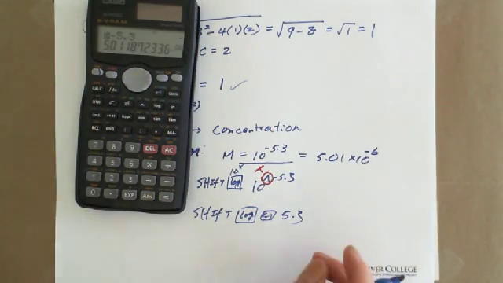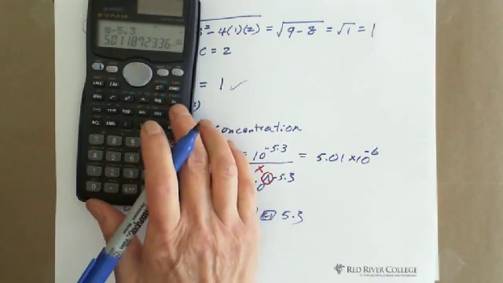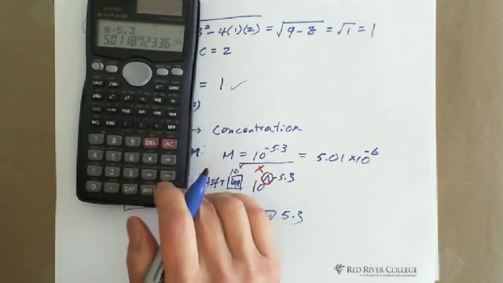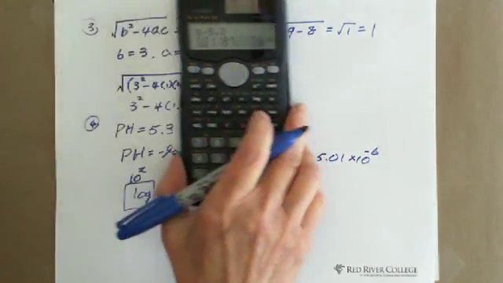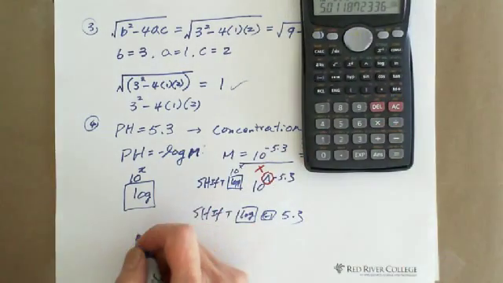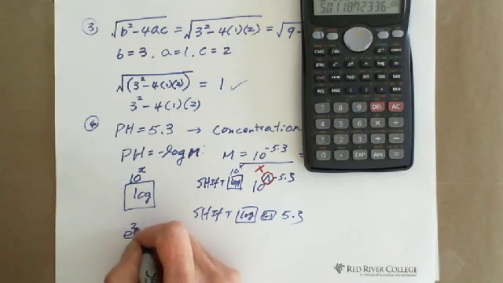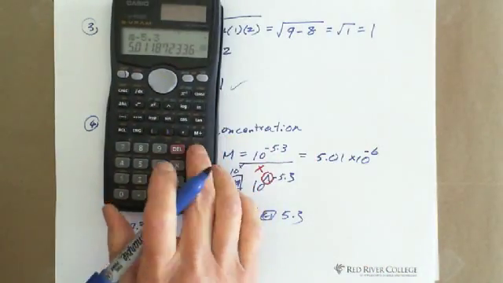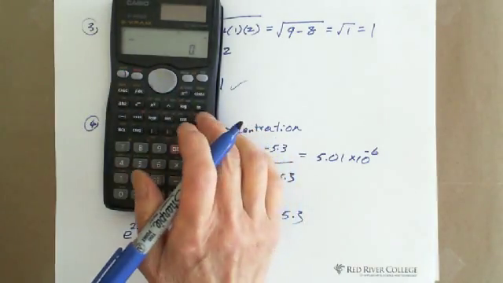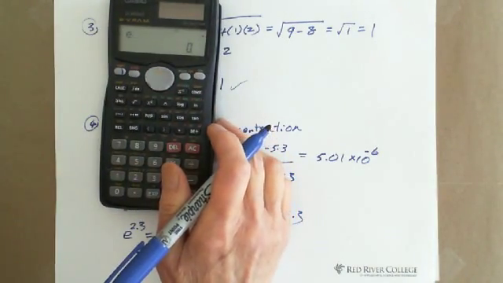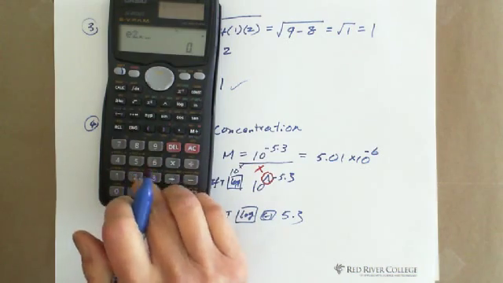So that's it. The same thing with ln, the natural logarithm. When you perform, for example, e to the 2.3 exponent, you go to shift log, which is e to the x, you just enter 2.3.